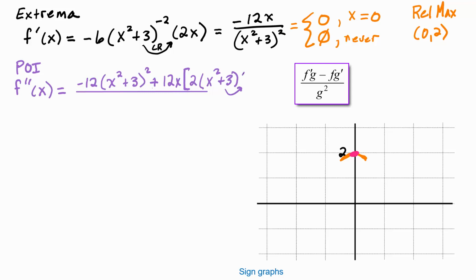Chain rule says times 2x. And then we have to take the denominator, x squared plus 3 squared, and we have to square that.